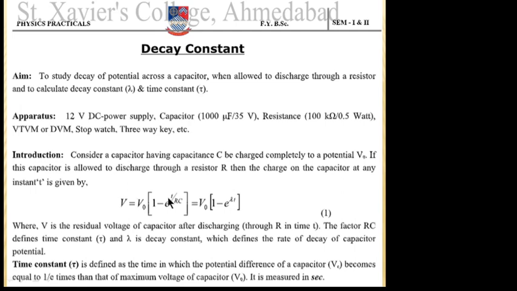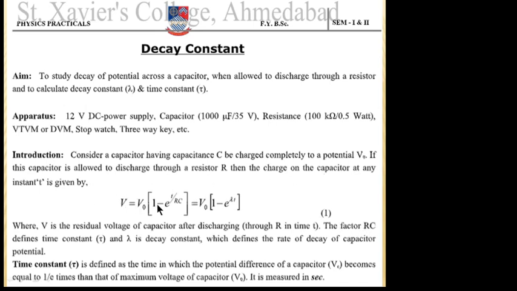It should be minus t by RC because it is decaying. Anyway, with this understanding, the voltage stored within a capacitor satisfies equation 1.